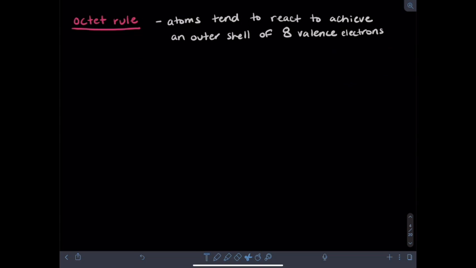The octet rule is a convenient way to predict bonding for an atom, which is based on the observation that atoms tend to react in such a way and form bonds in such a way that they achieve a closed outer shell of 8 valence electrons. Below, I'm going to show some common bonding patterns for the most common organic elements and how they achieve their octets.